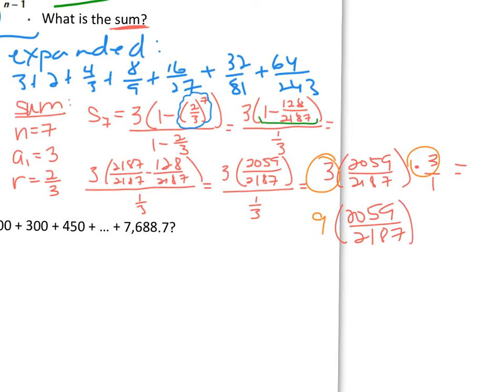Whew, 9 actually goes into 2,187 243 times. Therefore, the sum of those 7 terms is 2,059 over 243. Notice that's the exact answer. So if it says write your sum as a fraction, unfortunately we can't plug this all in on our calculator to get a decimal result.